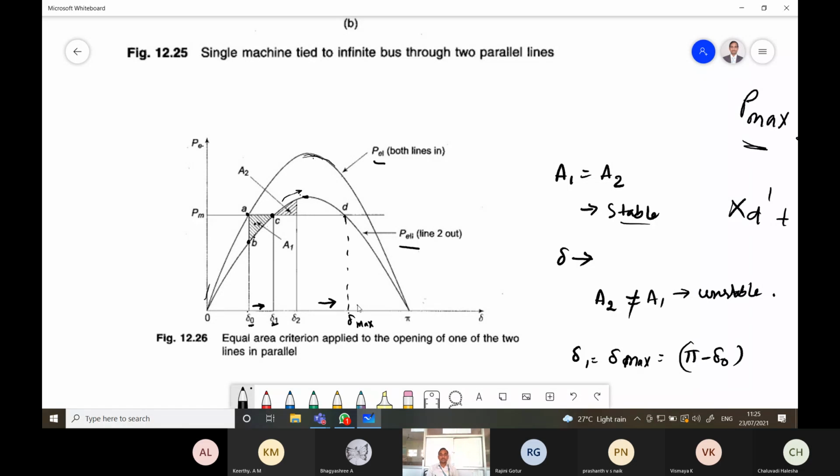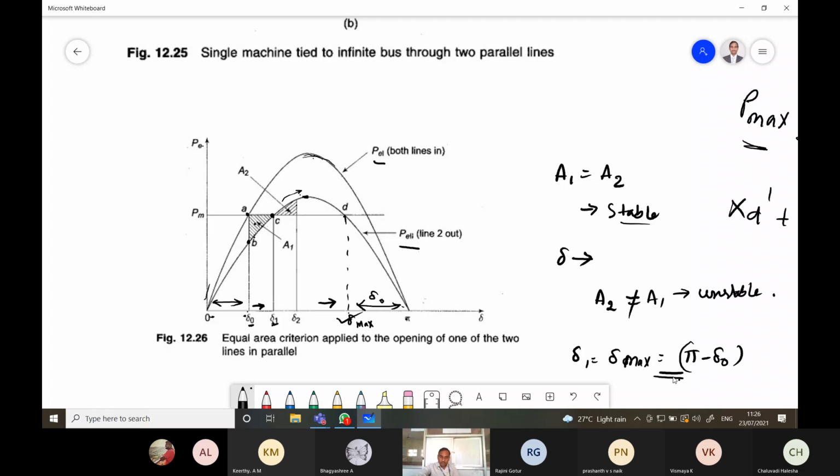This delta max is equal to this distance. What is this distance? It is pi minus delta naught. This gives the delta max.